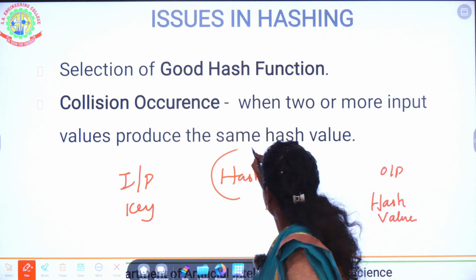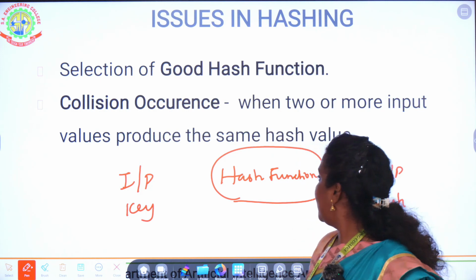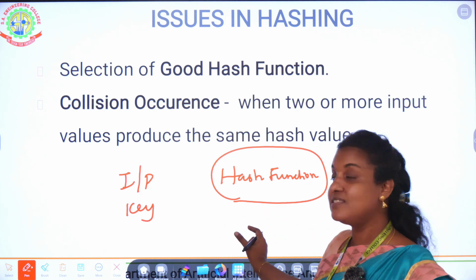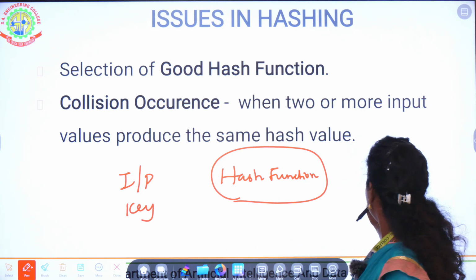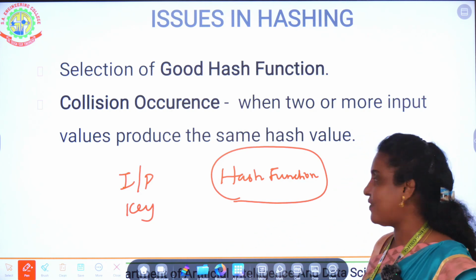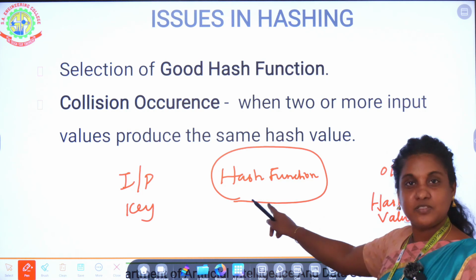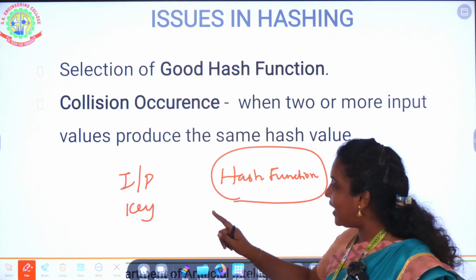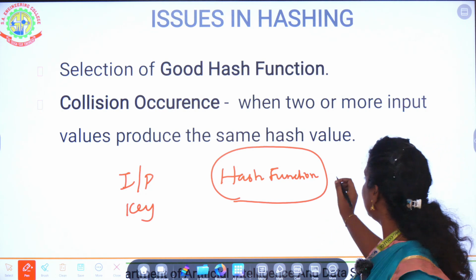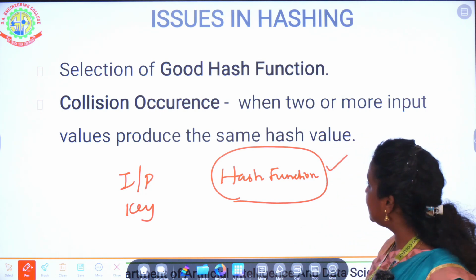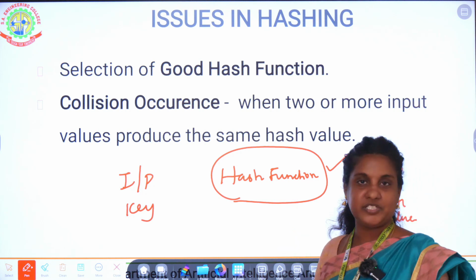Which means this hash function plays a vital role in yielding the unique hash value, because the hash function is going to tell where this data is going to reside in the hash table. So how to choose this hash function?